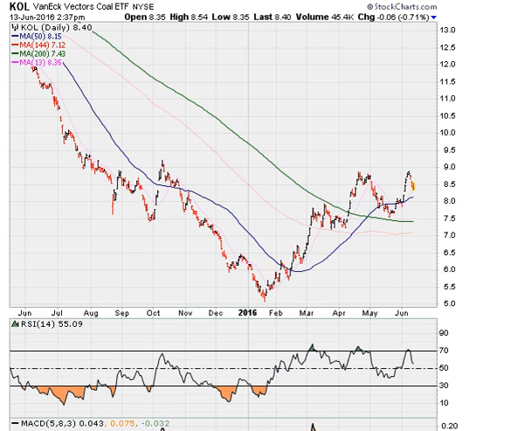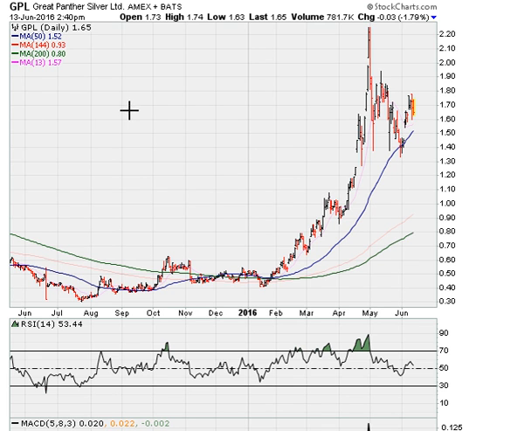Now let me show you another example in the current market that actually played out well, in the recent movement in the gold stocks. Some of them do show the same scenario. Take a look at GPL. Here we can see we got a flat 50-day moving average, flat 200-day moving average.